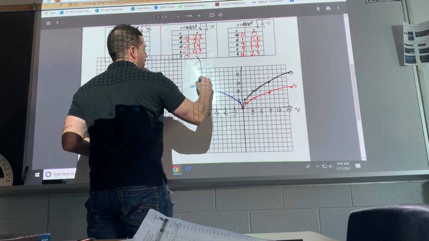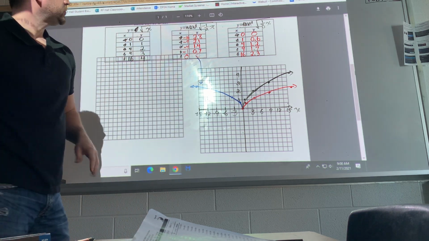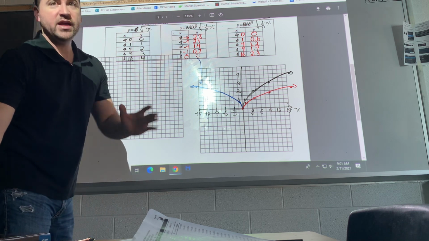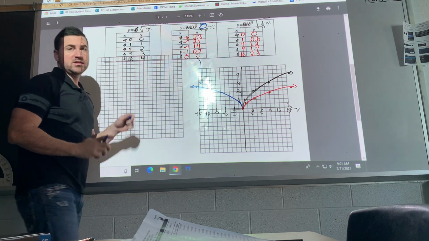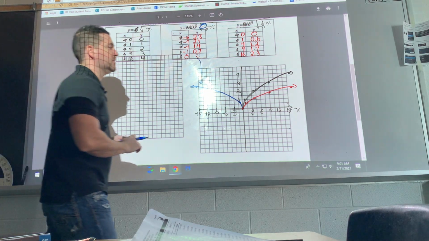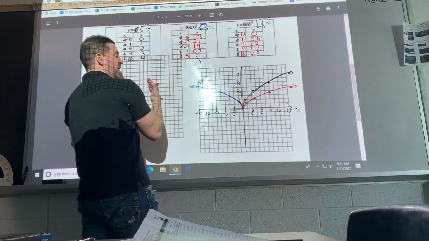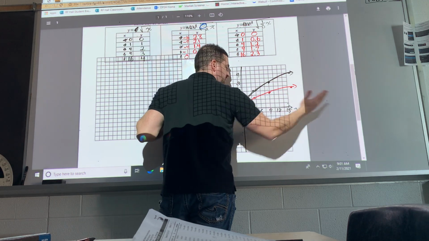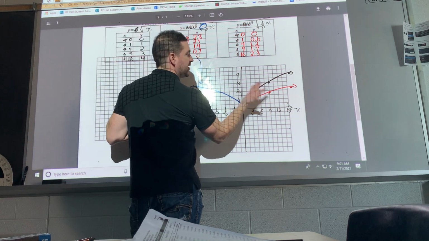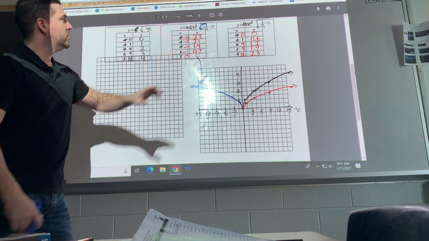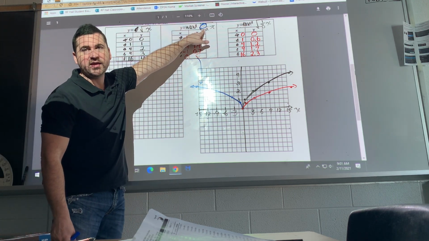Then the second table is the blue one. You'll notice it's reflected. This negative value causes the reflection over the y-axis. So instead of going to the right, it is going to the left now because it got reflected over the y-axis. That's what the negative value does with the k.